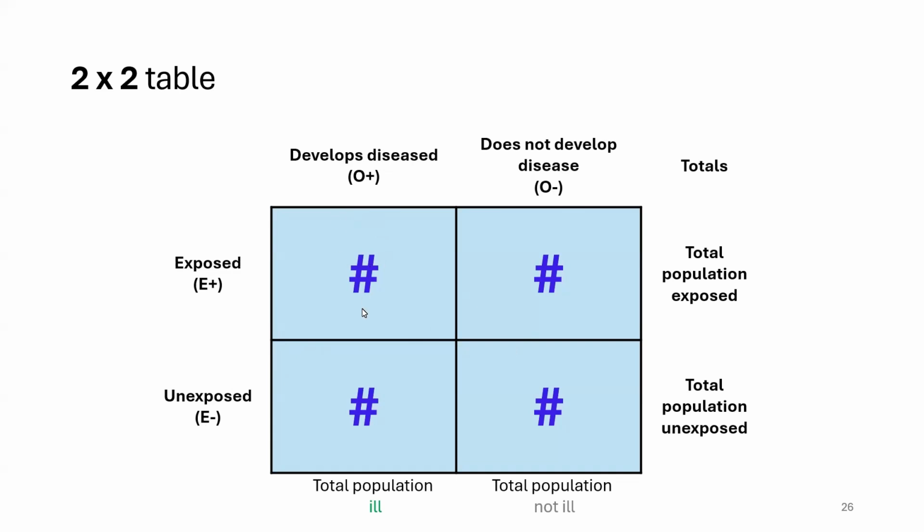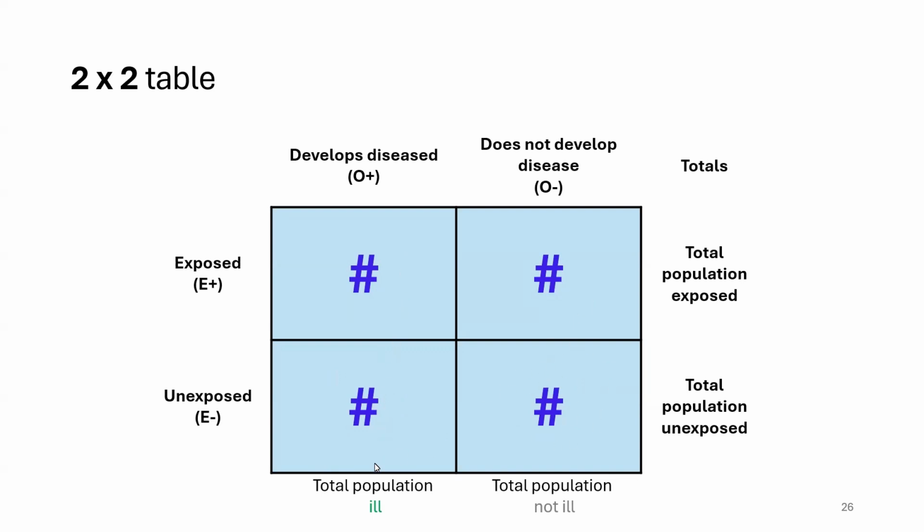And then in each of these groups, you typically just write the counts. So those who have the outcome and are exposed go here. Those who don't have the outcome but are exposed are here. Similarly, those who are unexposed and have the outcome, and those who are unexposed and do not have the outcome.